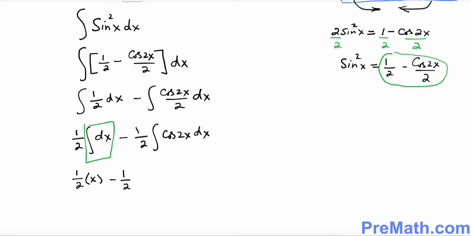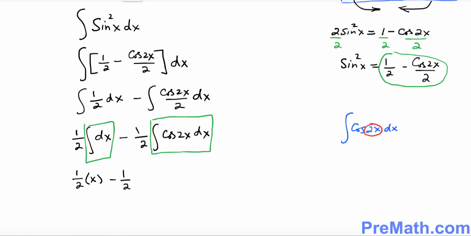Now we're going to take care of this integral, the one right up here. Let me show you an easy way of doing this. Always remember, the integral of cosine of 2x dx, our argument is 2x.